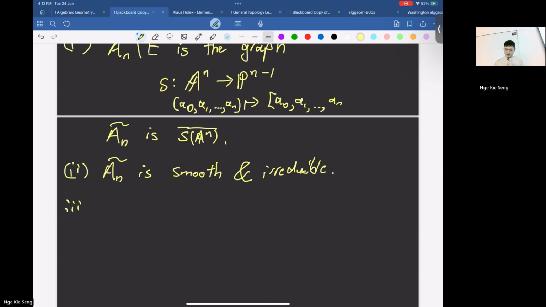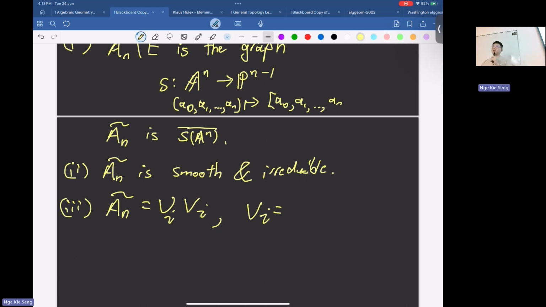So what kind of open cover can we put here? Can you write down what's this V_i here? What's the description of these V_i?